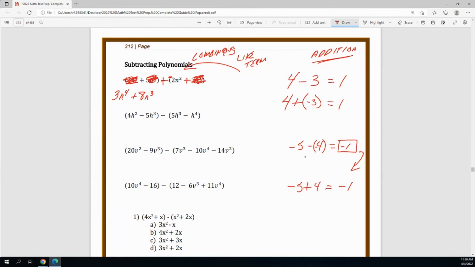Now I'm going to show you, most of the time on the GED test, maybe we'll write it like this: plus a negative 2n squared. Now you'll say, well, Baron, couldn't I have said 3n to the power 4 plus 8n to the third minus 2n squared?